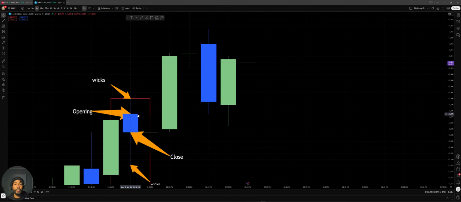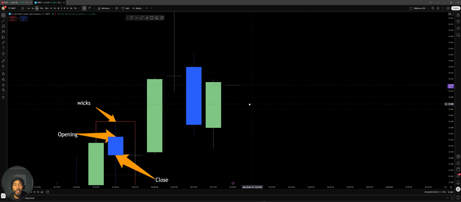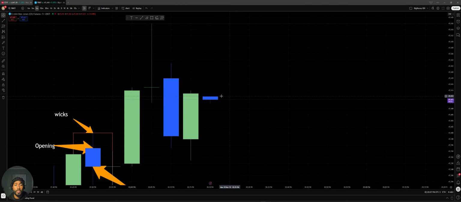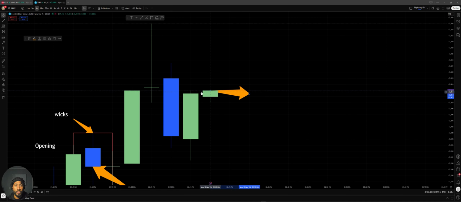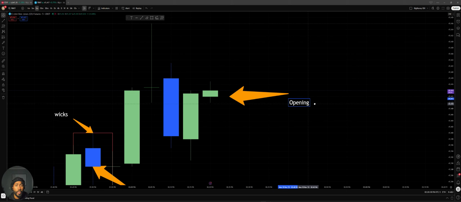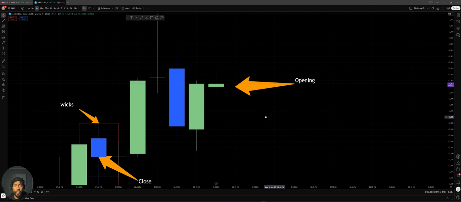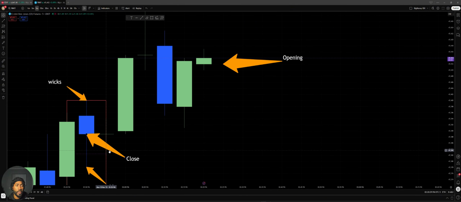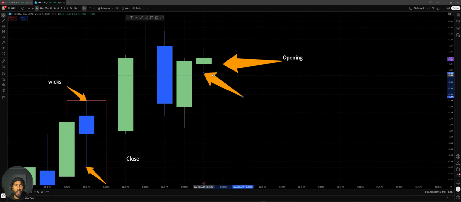Let's just watch it. Here goes the opening of the candle right here. Matter of fact, I'm going to bring this over. We're going to watch this candle as an example for the next 5 minutes. So you see it's wicking, it's going up and down. It's trying to figure out where it's going to go next.